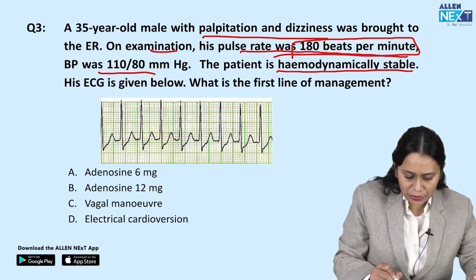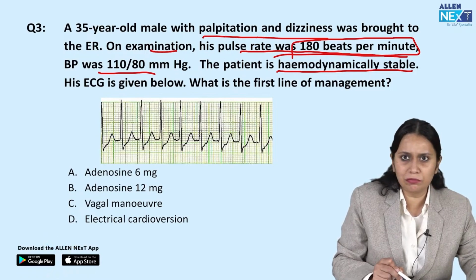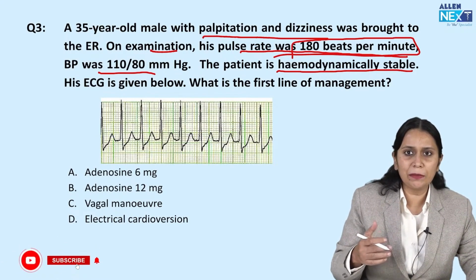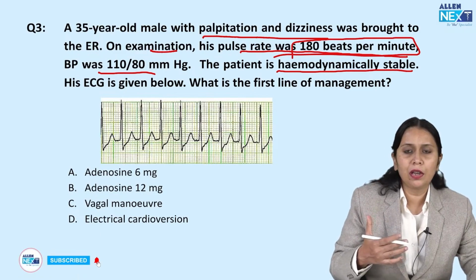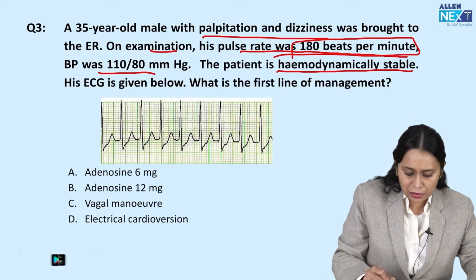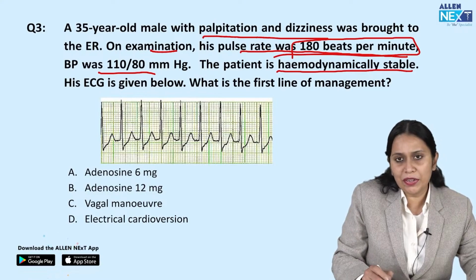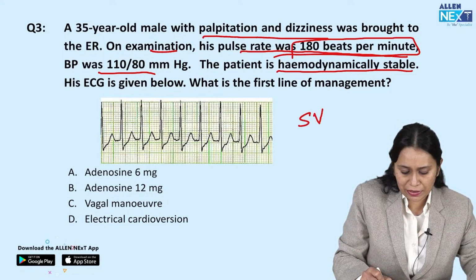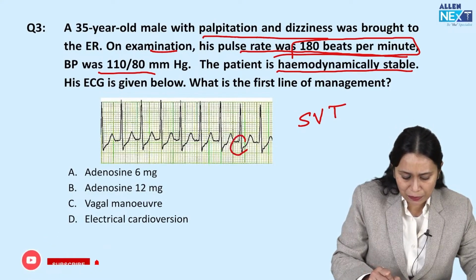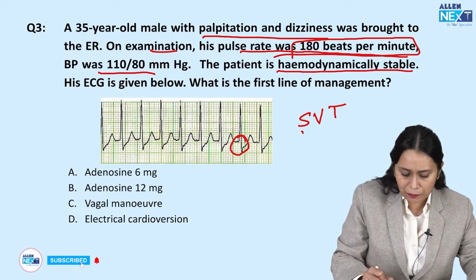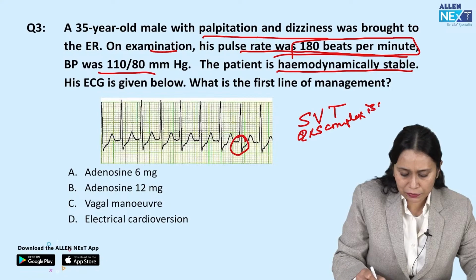As we can see, there is no P wave. We are not able to distinguish whether it's a P wave or T wave. This is supraventricular tachyarrhythmia, because the QRS complex is narrow.